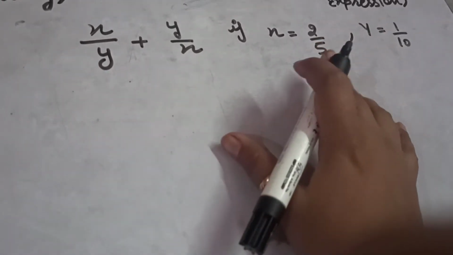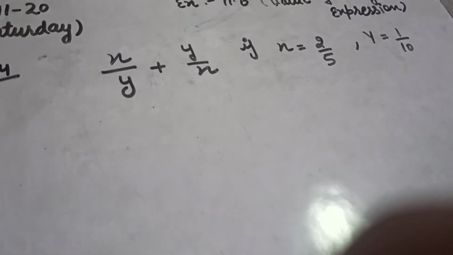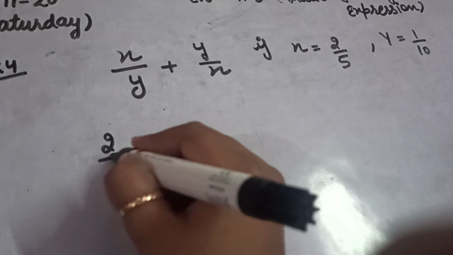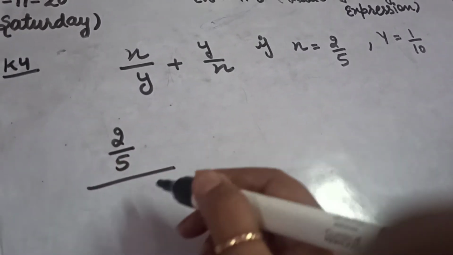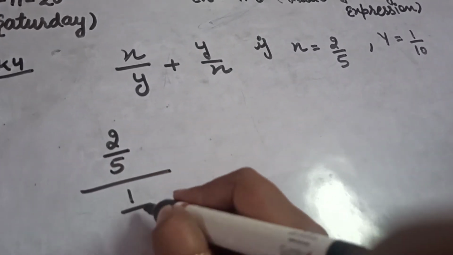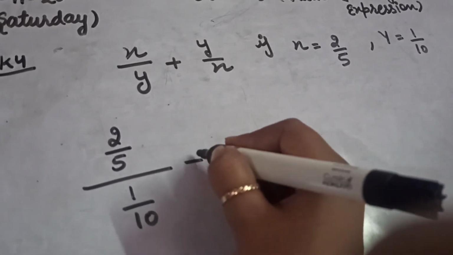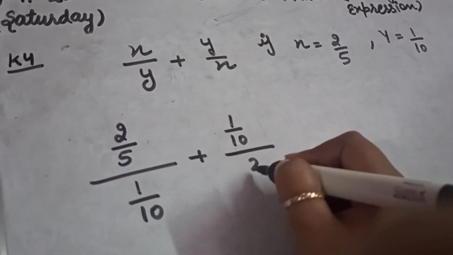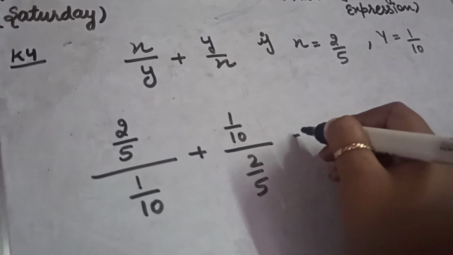Now in this the values of x and y are given to you. So put the values: x 2 by 5, downside y 1 by 10, plus y 1 by 10 and x 2 by 5.